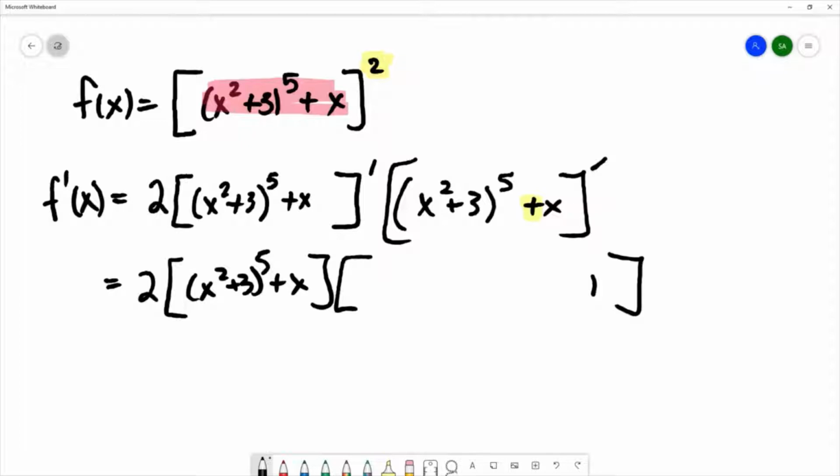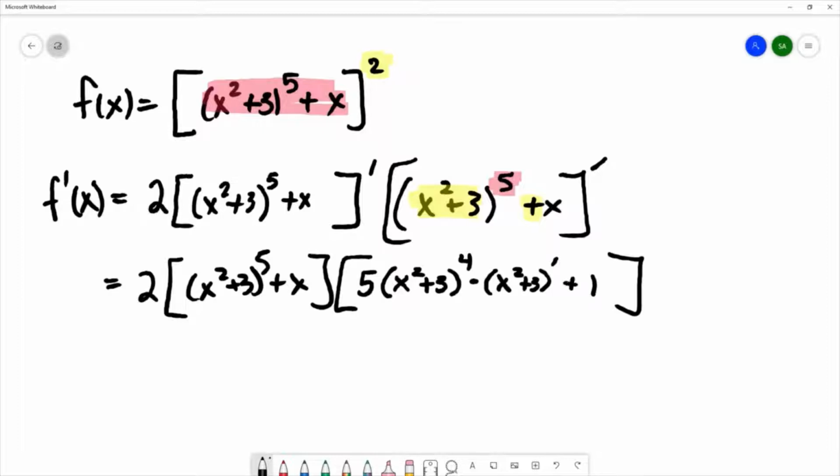But then on this other part, we once again have to use the chain rule because we have an inside function and an outside function. So we want to follow the derivative for the outside function, which would be the power rule. So we bring the power down, take 1 away from the power. I've left the inside the same, and I have to chain by multiplying by the derivative of the inside.